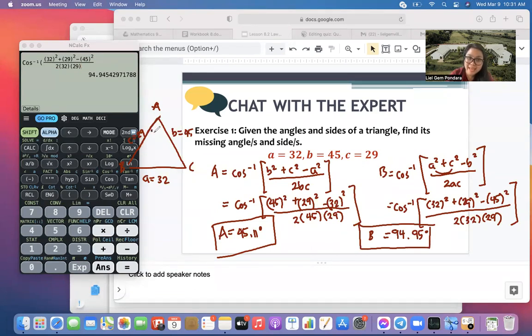I now have my A. I now have my B. I'm looking for the C. Subtract them from 180. Okay, can anyone tell me what is the answer for angle C? What's the answer for angle C?